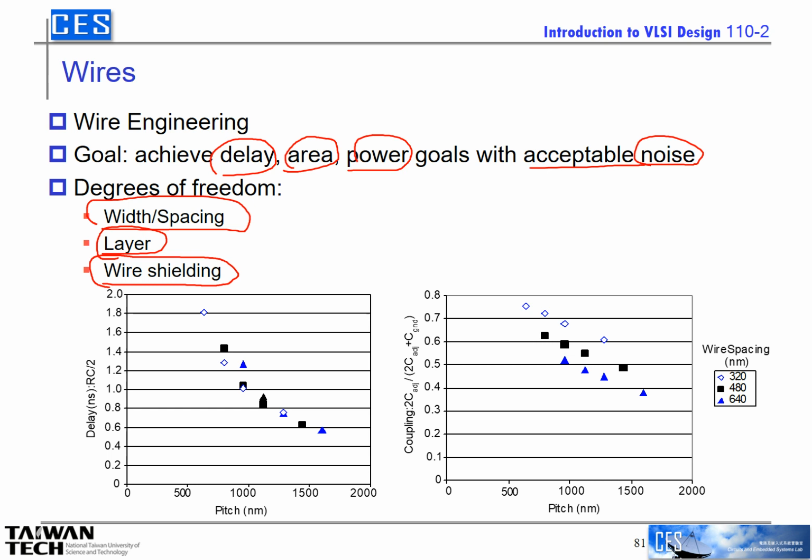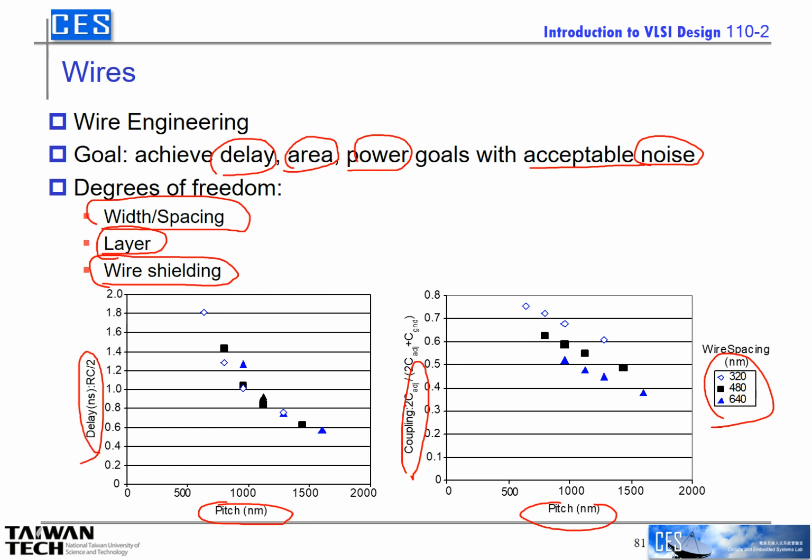Okay, so this is a rough idea. For example, in different wire spacing, you can see the pitch versus the coupling and the pitch versus the delay.